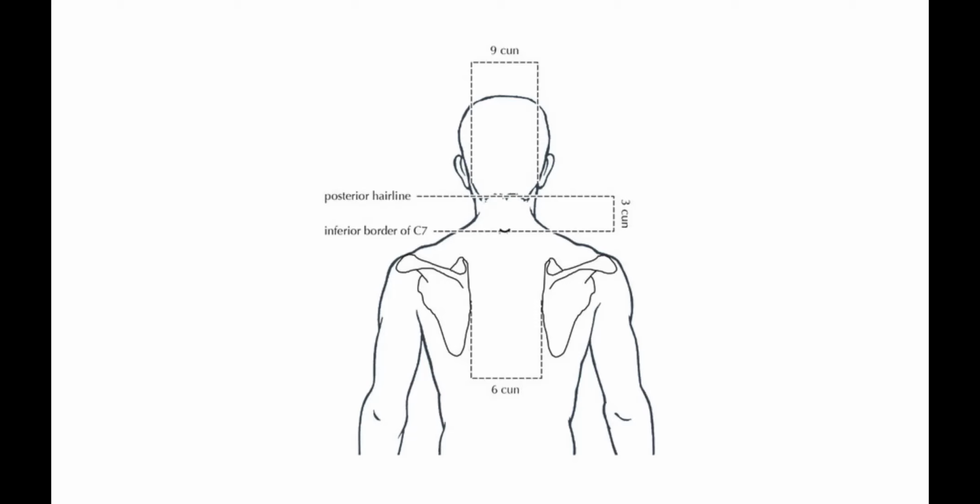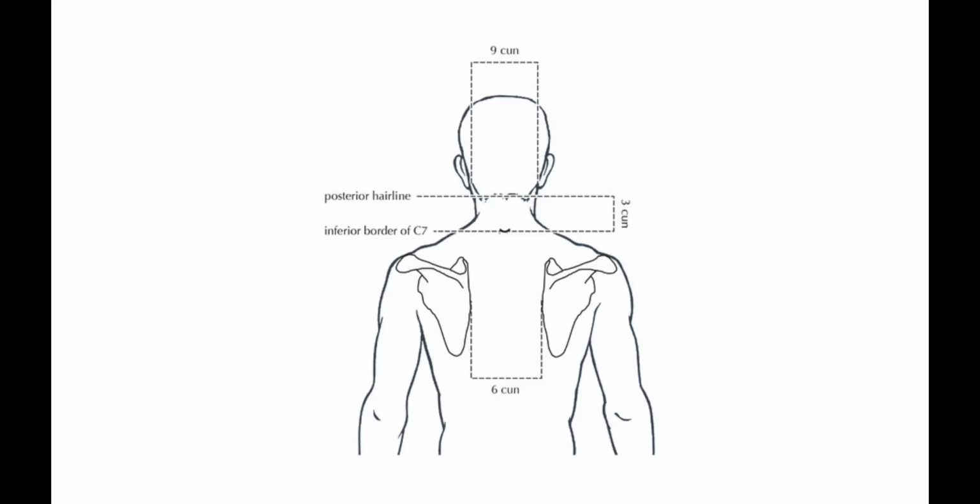Anong point po yung between C7 and T1? Du 30, if I'm not mistaken. Basta back shu for the lung. You are mistaken. It's not Du 13. Okay, you Google Du 14.